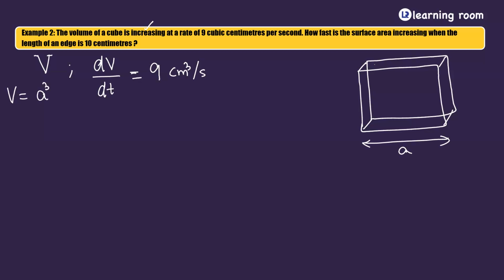What is the surface area of a cube? When they simply say surface area, they mean total surface. If it is curved surface area or lateral surface area, they will mention it. So if I take the total surface area to be S, then S is equal to 6a square. What they are asking is, what is the value of dS divided by dt?